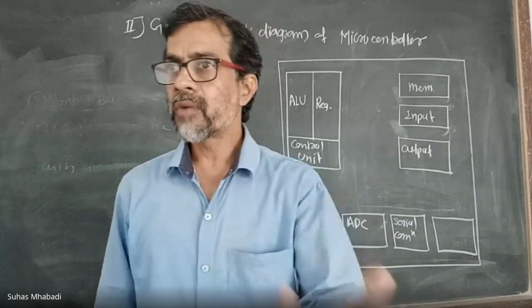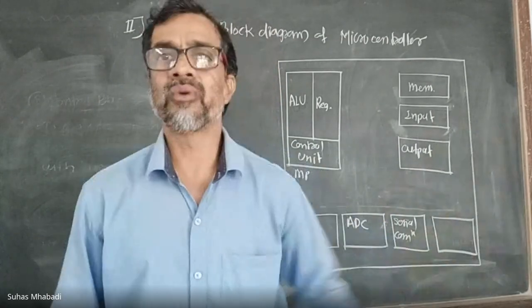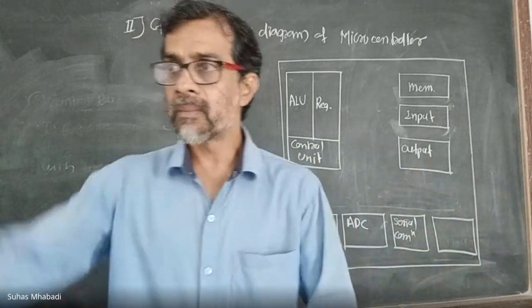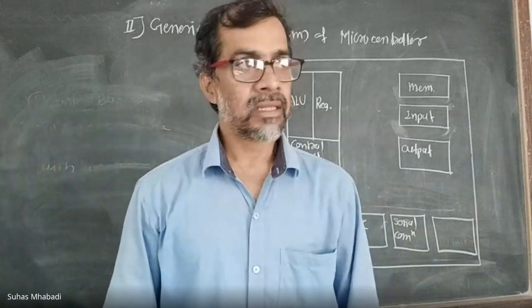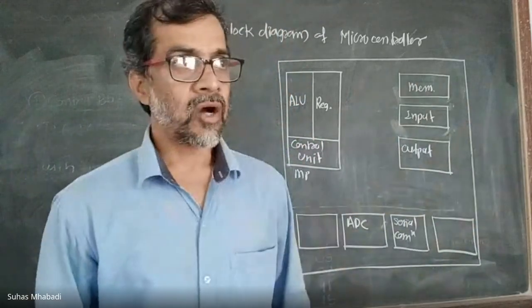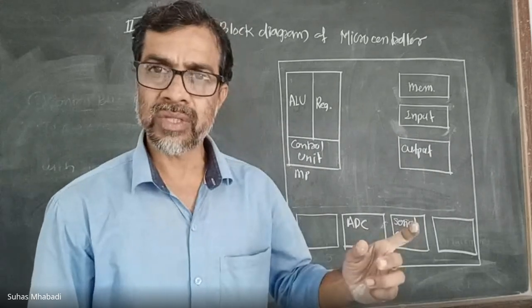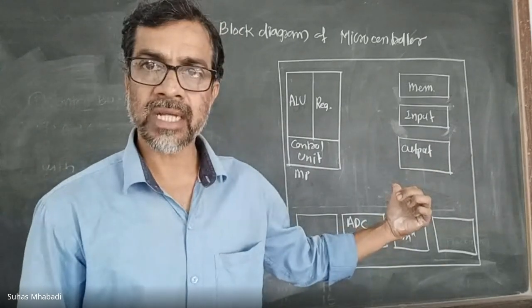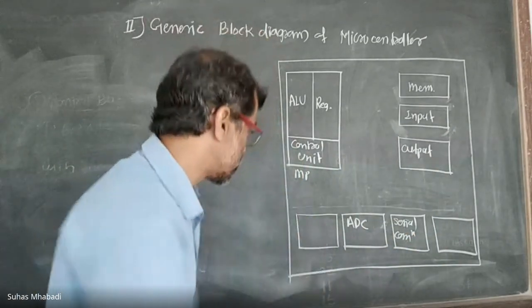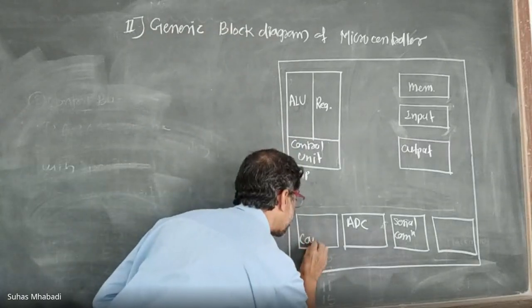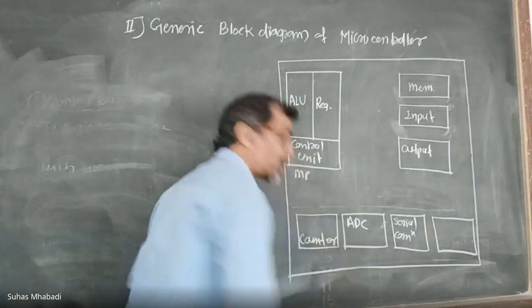In a controller, normally we go for a counting process. I want to count events: the number of students entering the class, the number of students leaving the class, how many have attended. I want to count 1, 2, 3. So this IC must have that feature also, which is known as a counter.